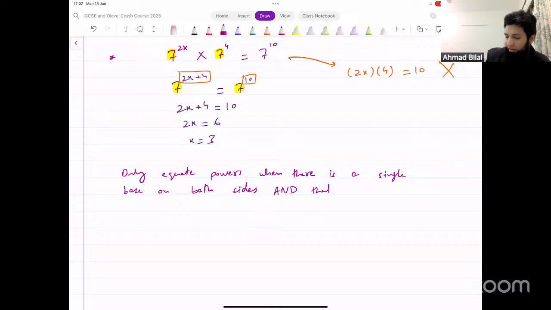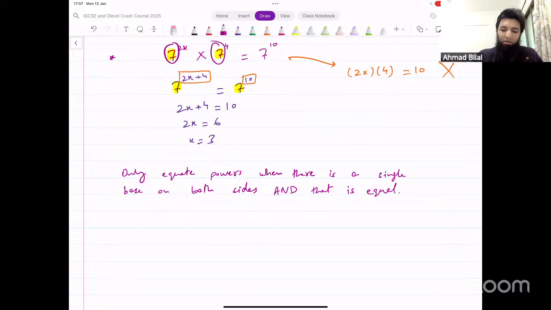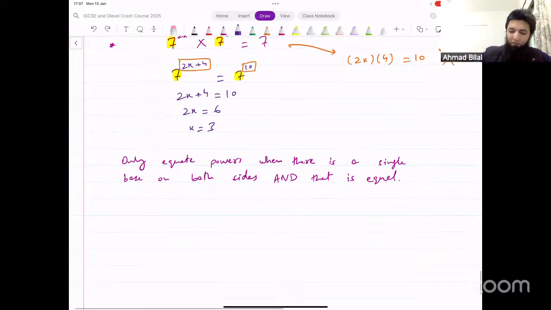And that is equal. Okay, so there should be only one base on both sides, and they should be equal to each other. When you have multiple, then we can't do that unless we first make them one. Okay, that's how we solve equations involving indices.